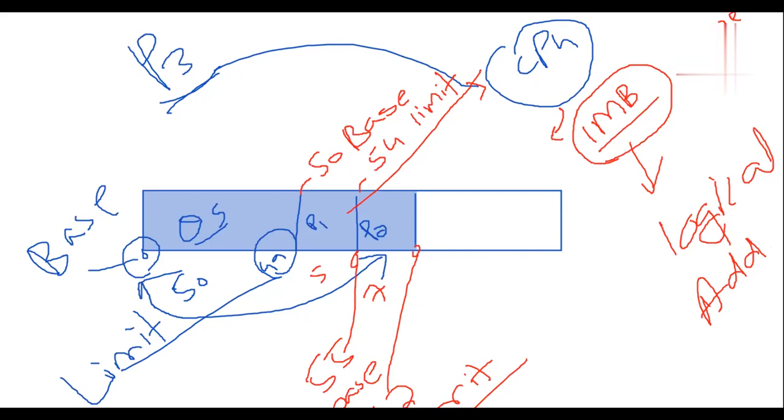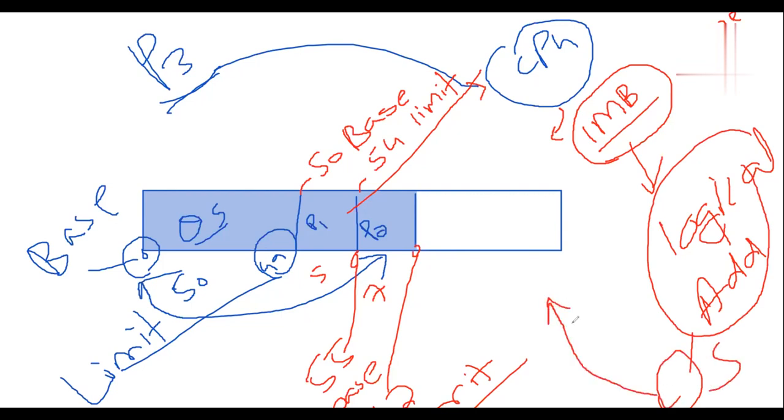So dear students, this logical address will be submitted to the operating system, and the OS will convert it to a physical address. How? The OS will see that it has free memory onward from 62. It means the limit is 62, so let's occupy this here.